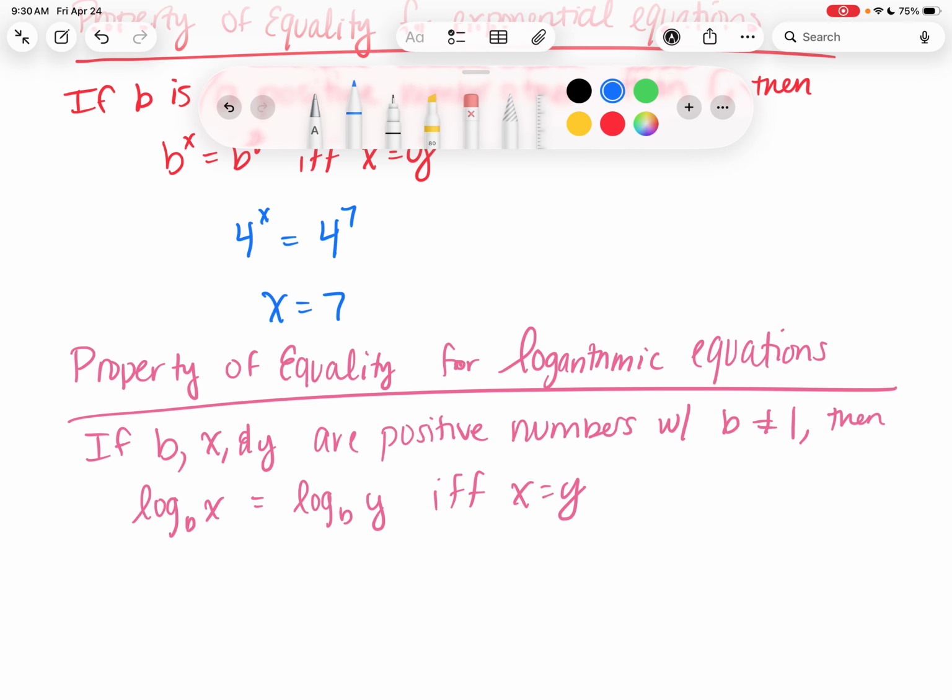So if I have log base 2 of x is equal to log base 2 of 7, that means that x is equal to 7.